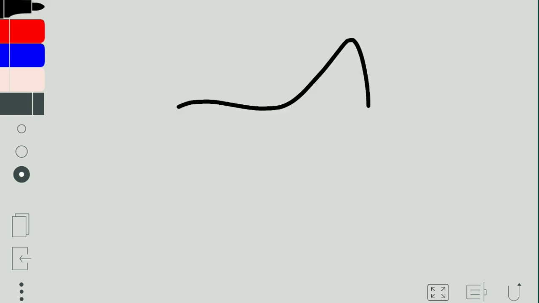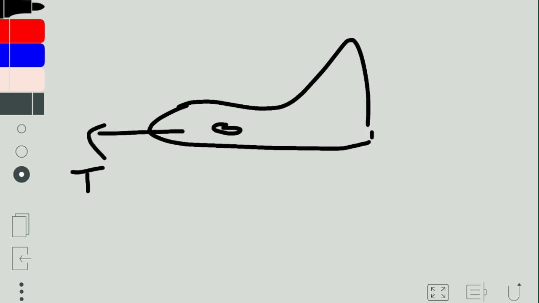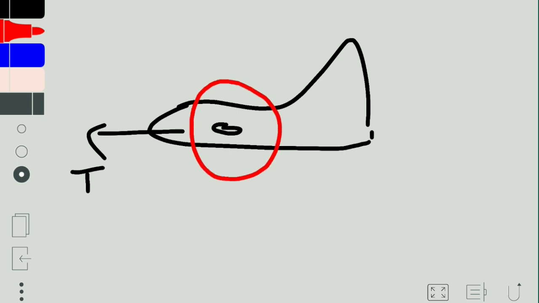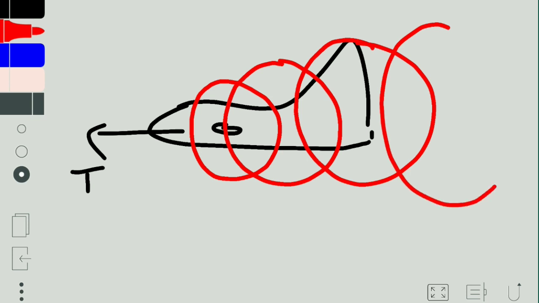If I draw this to be an aircraft, which is moving in the left direction, having a thrust T. So when the speed of the aircraft is greater than the speed of sound, now let's see how the waves are getting created. The waves will be behind the aircraft, growing bigger and bigger.